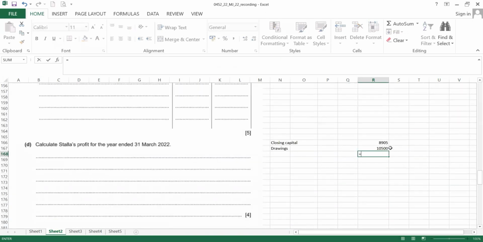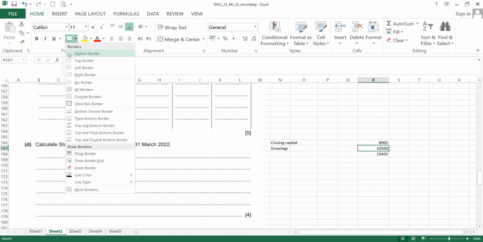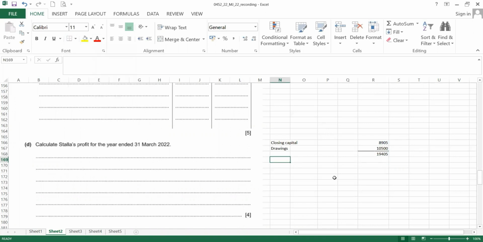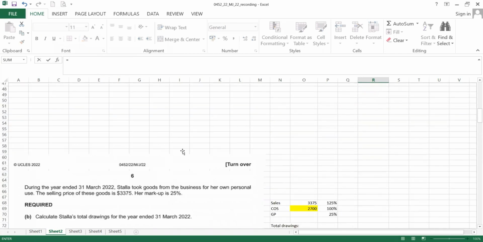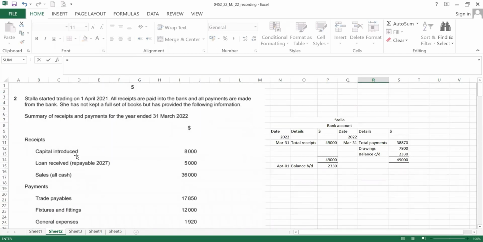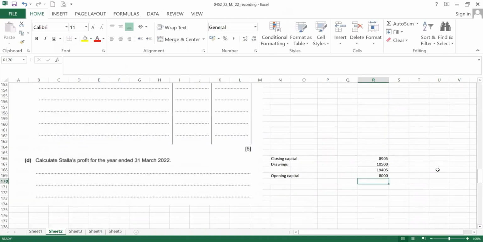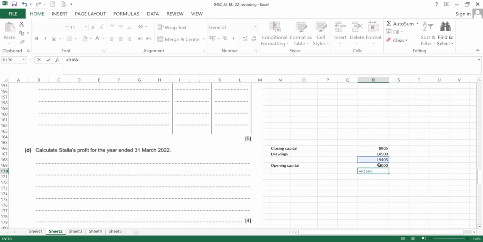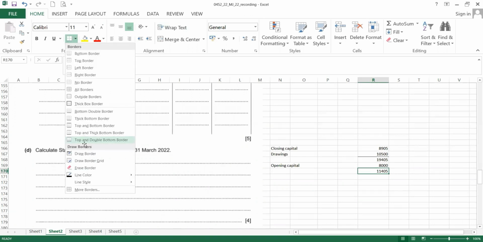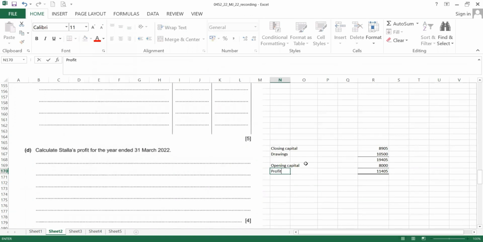So we add the subtotal. So this is the amount. Then after that, we have the opening capital. Opening capital has to be minused. Opening capital is 8,000. So I minus 8,000. So this one should be my profit for the year.